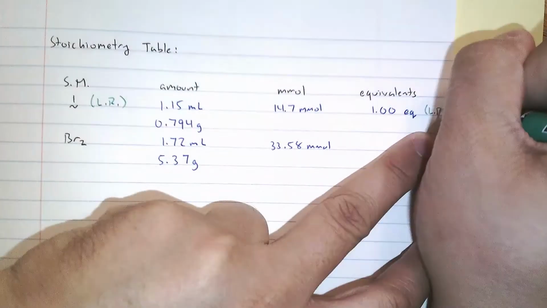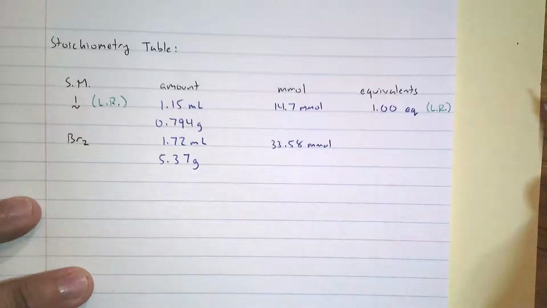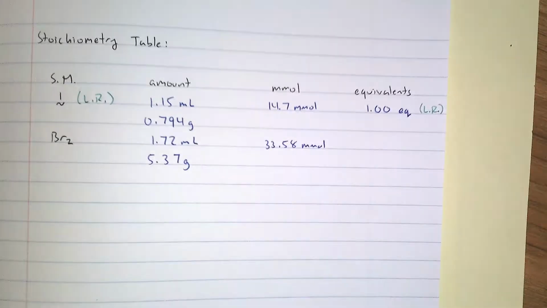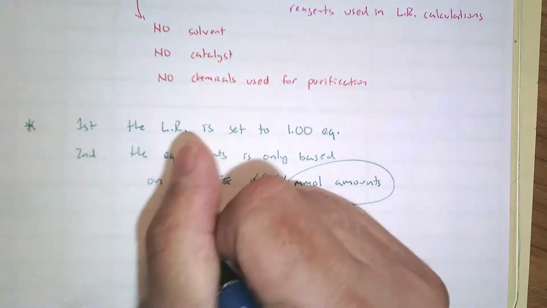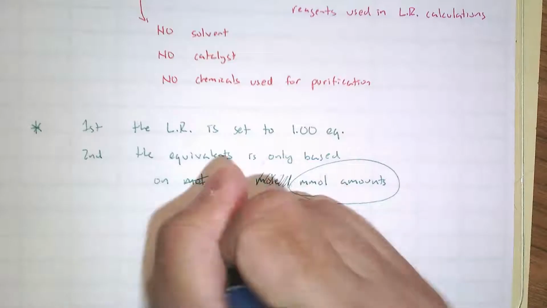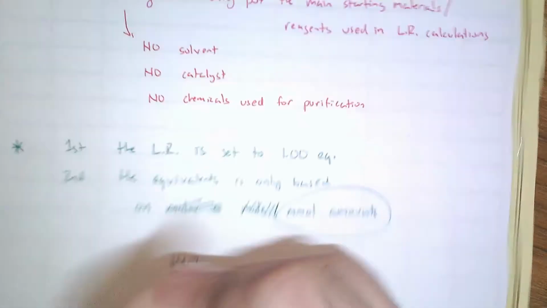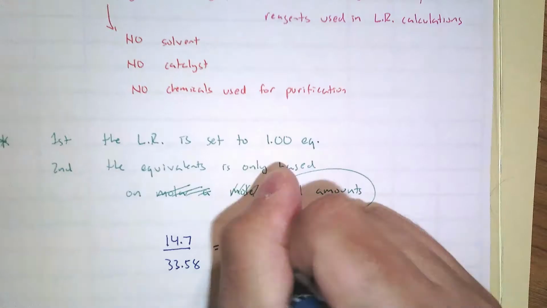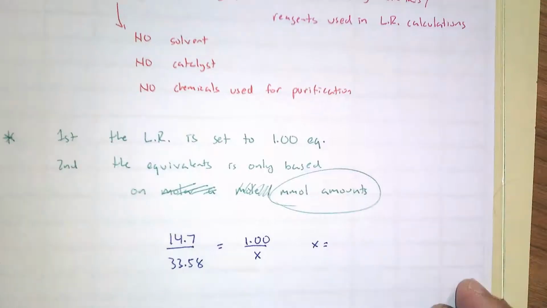And now you just want to take a ratio. What is X? I'm not going to draw X here. I'm going to copy these numbers. 14.7 over 33.58 equals 1.00 over X. Figure out what X is.